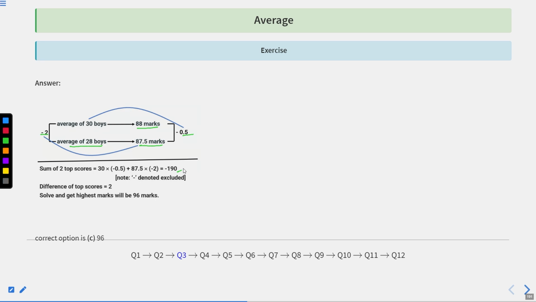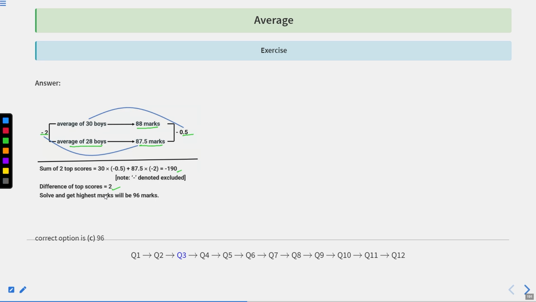So now you have A plus B. Let us suppose A is the highest scorer and B is the second highest scorer. So here we have computed A plus B equal to 190, and the difference between the top two scorers is 2. That is already given to us in the question. So you also know now that A minus B equals 2.